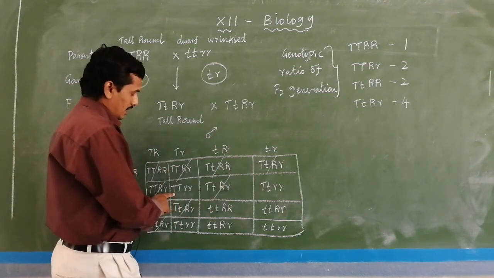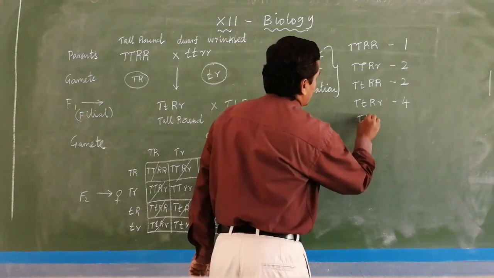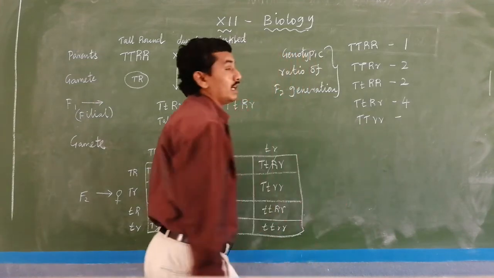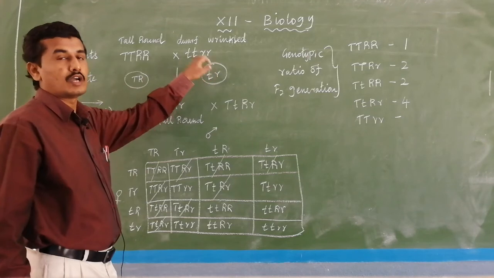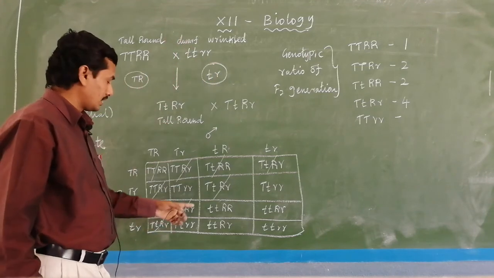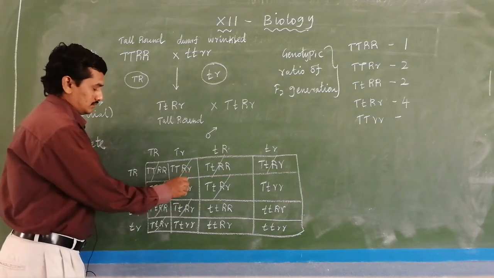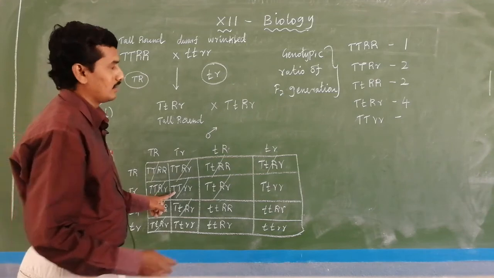Then here capital T, small r. Capital T, small r. Here tall plant with ringled seeds. Small r means what? Ringled seeds. You compare with the parents. Here capital T, small r. 1. Anything? No. So only 1.